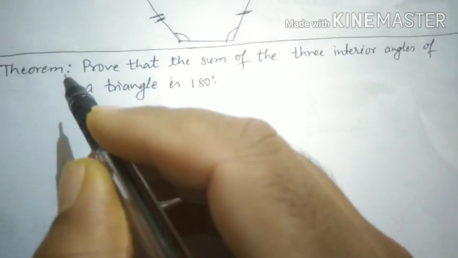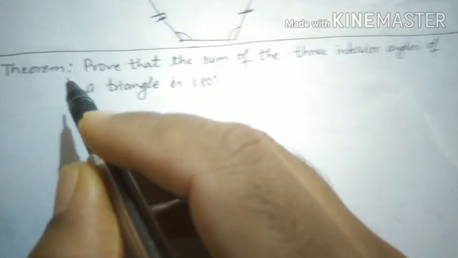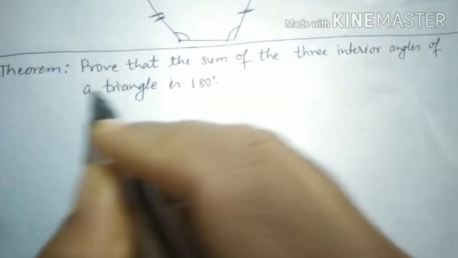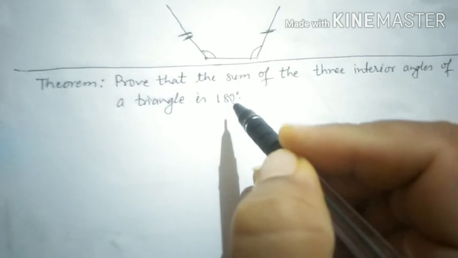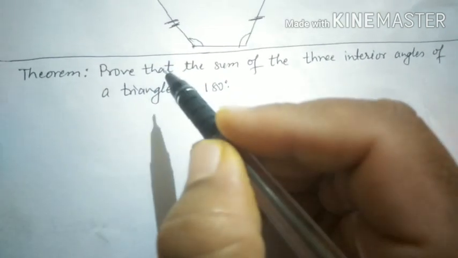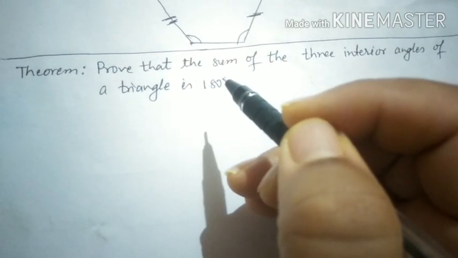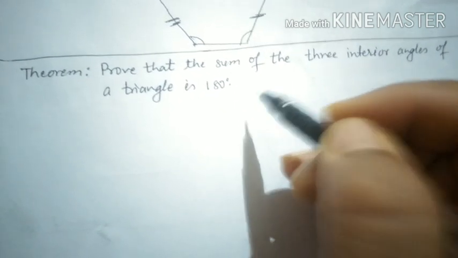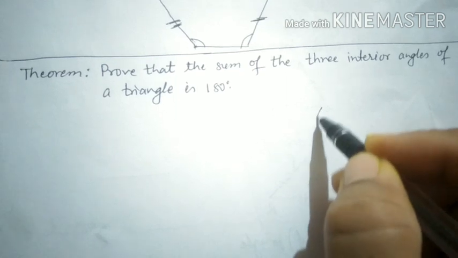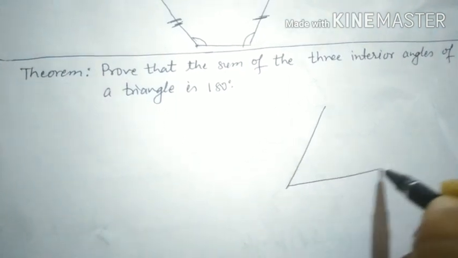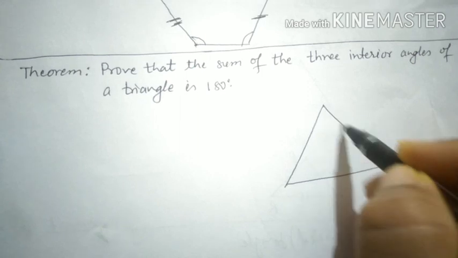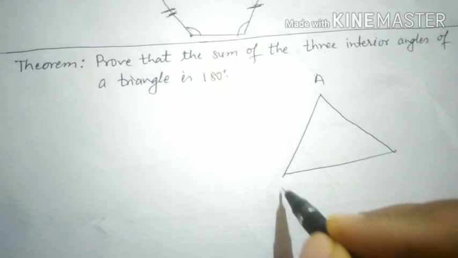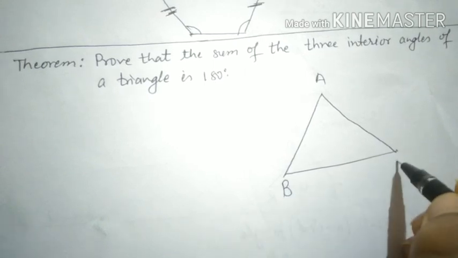Now we are going to prove the theorem that the sum of the three interior angles of a triangle is 180 degrees. So we have to prove that the sum of the three interior angles of a triangle is 180 degrees. For this, here is a given triangle A, B and C. So the triangle is ABC.